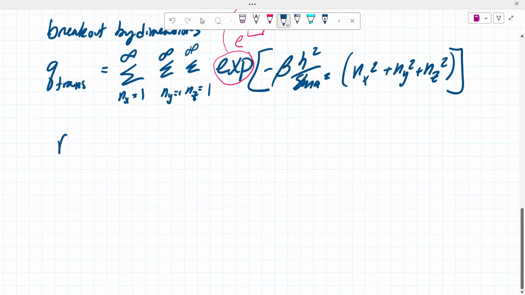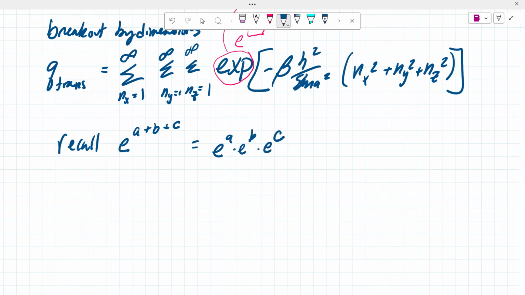Recall your exponential identity: e to the a plus b plus c equals e to the a times e to the b times e to the c.